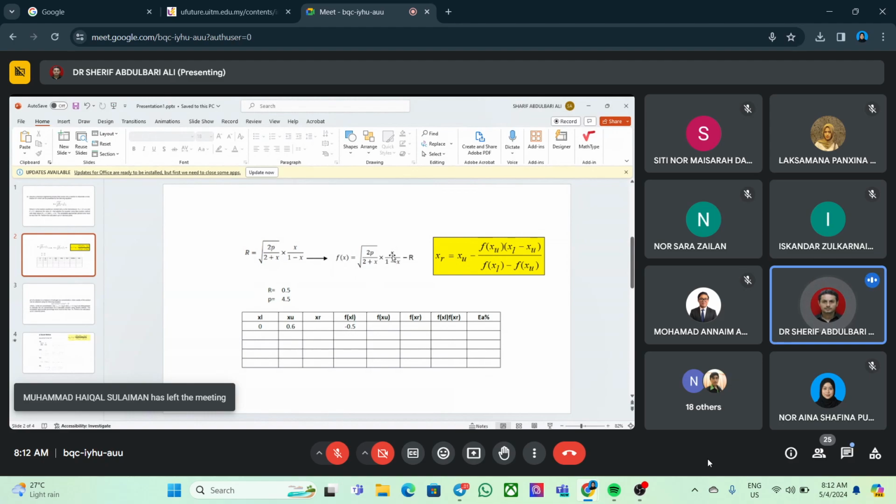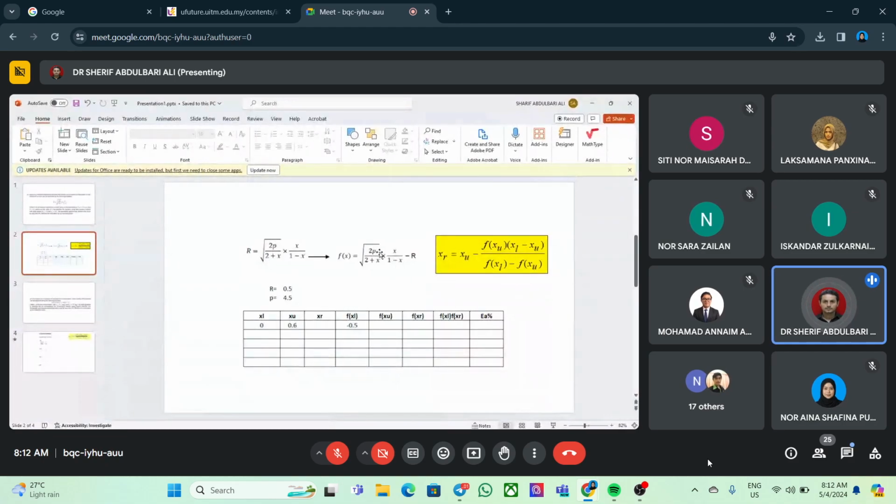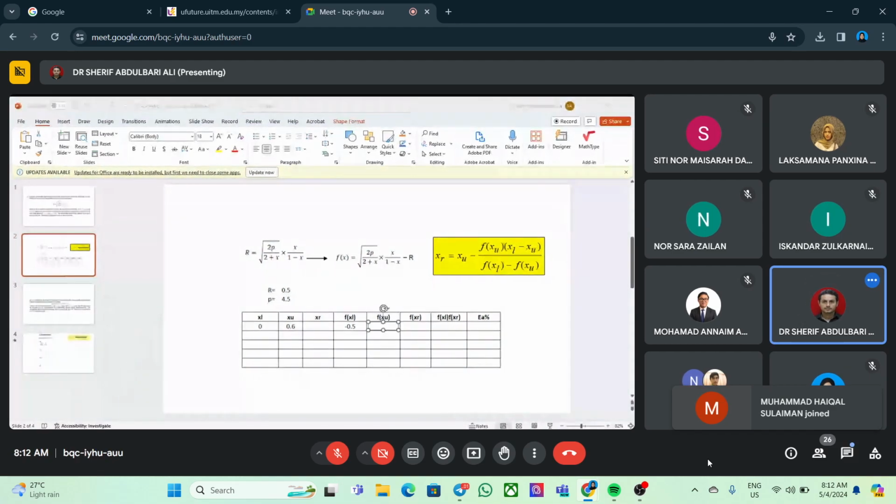So this means again putting the value of all the x's here, it's 0.6, 0.6, 0.6. The value of p is 4.5. The value of r is 0.5. So you're going to get the answer of the function of x upper.